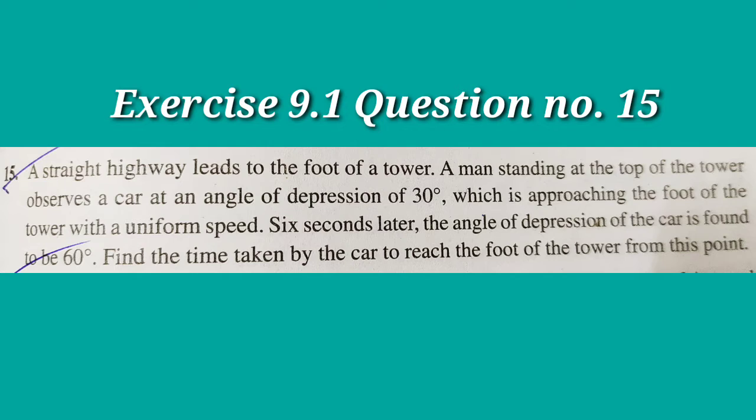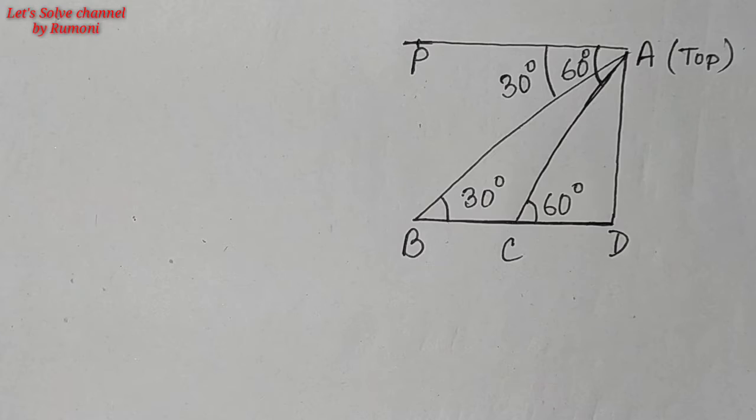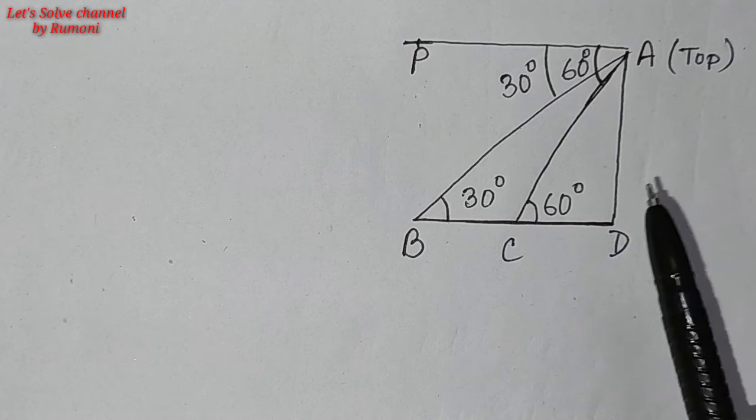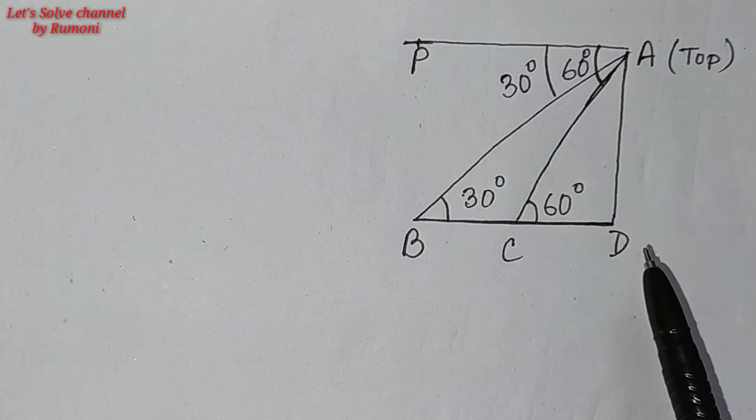A man standing at the top of the tower observes a car at an angle of depression 30 degree, which is approaching to the foot of the tower with a uniform speed. 6 seconds later, the angle of depression of the car is found to be 60 degree. So students, we need to find the time taken by the car to reach the foot of the tower from this point. So students, this is the figure of question number 15.